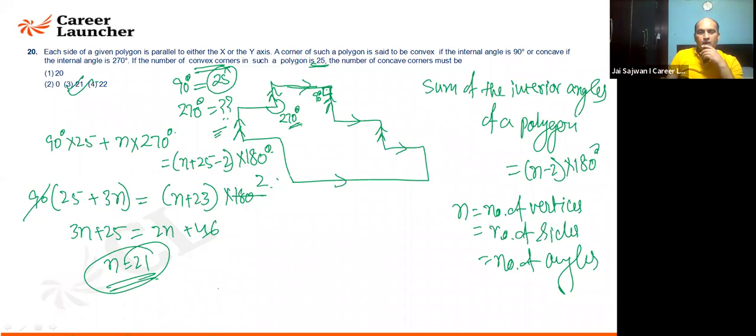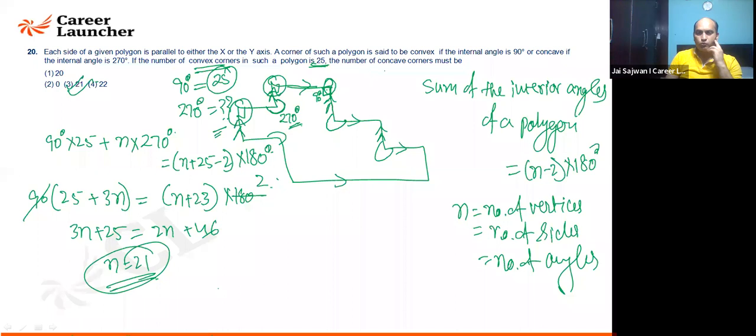Yeah, Jobin. I'm saying that there are 25 angles which are of 90 degrees. So there are 25 vertices which are 90 degrees. There are some, which I don't know, which are of 270 degrees. So what I have done here is I've taken n of them as 270 degrees, plus 25 of them as 90 degrees.